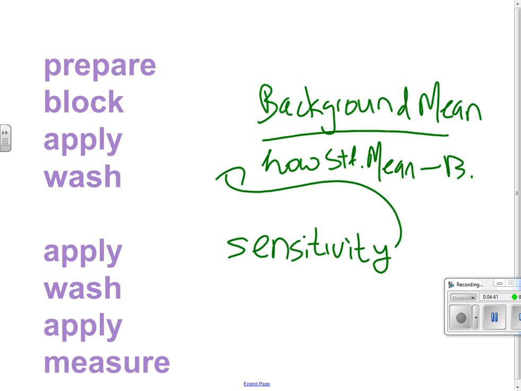Minus the background mean, which you can see here. And the sensitivity is above the calculation plus 2 standard deviations, which you need to calculate into your calculations when you finally search for your results.